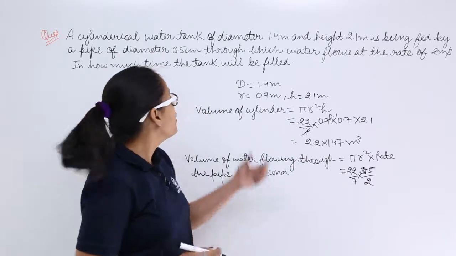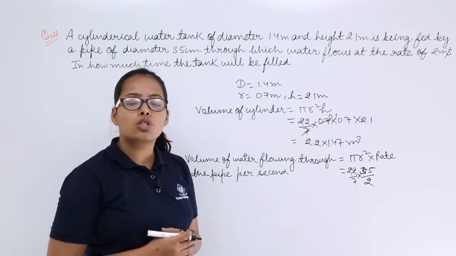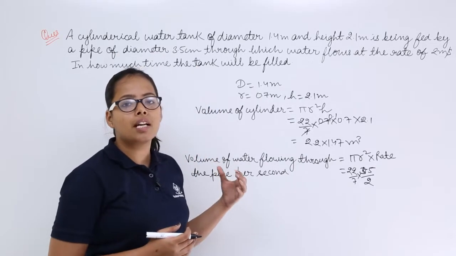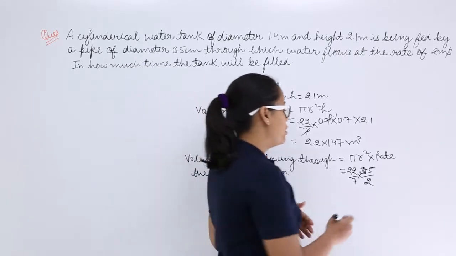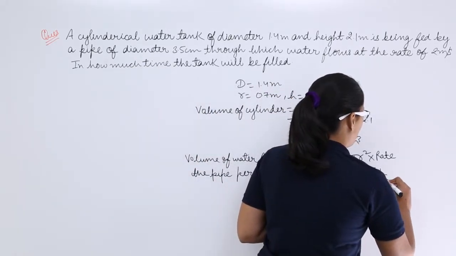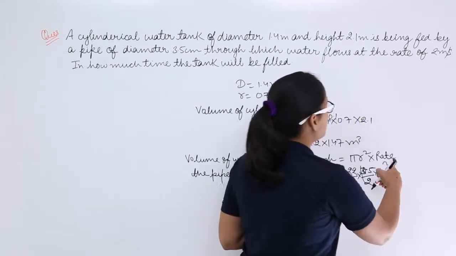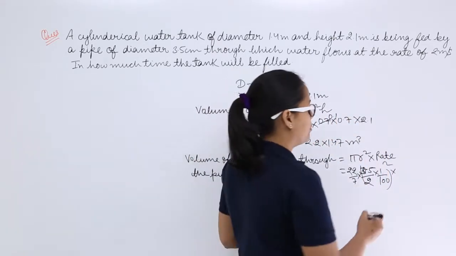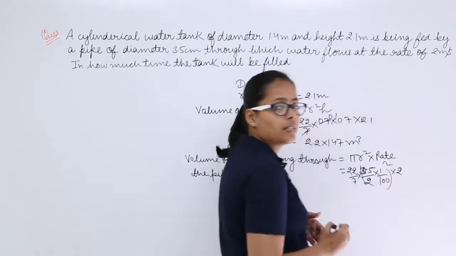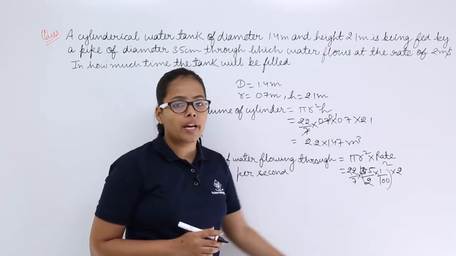And as you know, this radius is in centimeter. So what you will do? You will convert this centimeter unit into meter. So when you convert this, there will be 100 in the denominator. Let's take the square of this, and our rate is 2 meter per second.